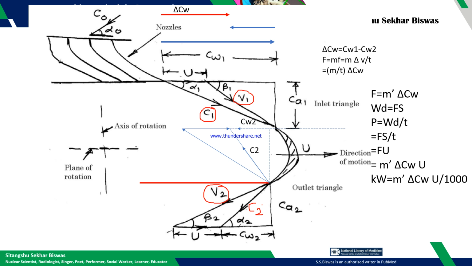And as I told, in this analysis we considered a set of fixed blade and a set of moving blade, which is considered as a single stage. In practice, as I told in the earlier lecture, a pure impulse turbine or pure reaction turbine has several disadvantages.